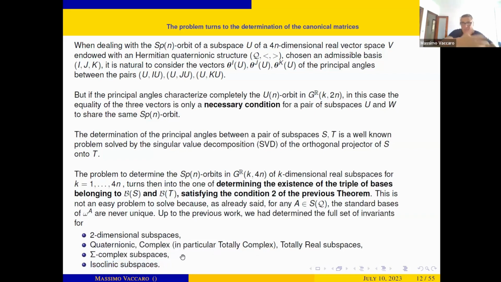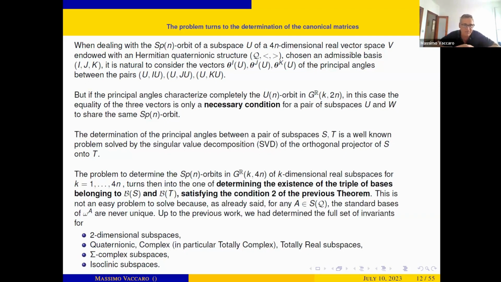Isoclinic subspaces are a very important case. I will define them later, but I'll give you now the whole idea without going into details. These isoclinic subspaces, which are one of the cases I managed to solve, I realize now are more important than I thought, because by means of them I managed to find, hopefully, if there is no mistake, because I just finished this work, the solution to the whole problem.